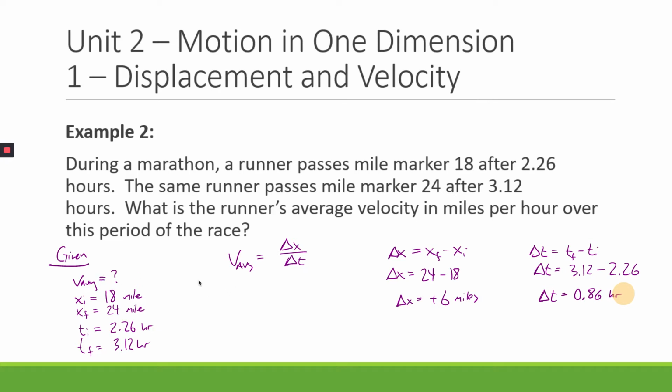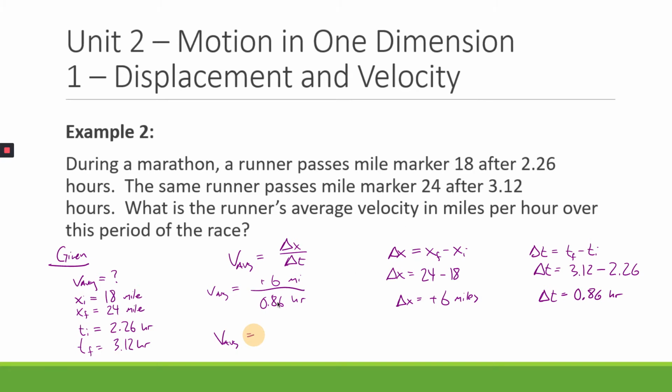We don't know V average, but that's what we want. We do know delta X now, so our delta X is positive 6 miles. We know delta T, 0.86 hours. So we get a V average of 6 divided by 0.86.